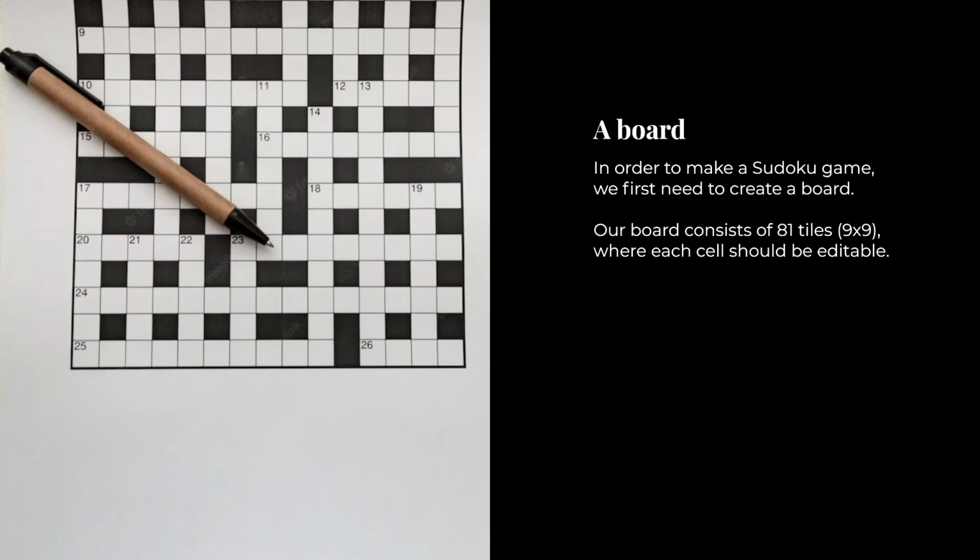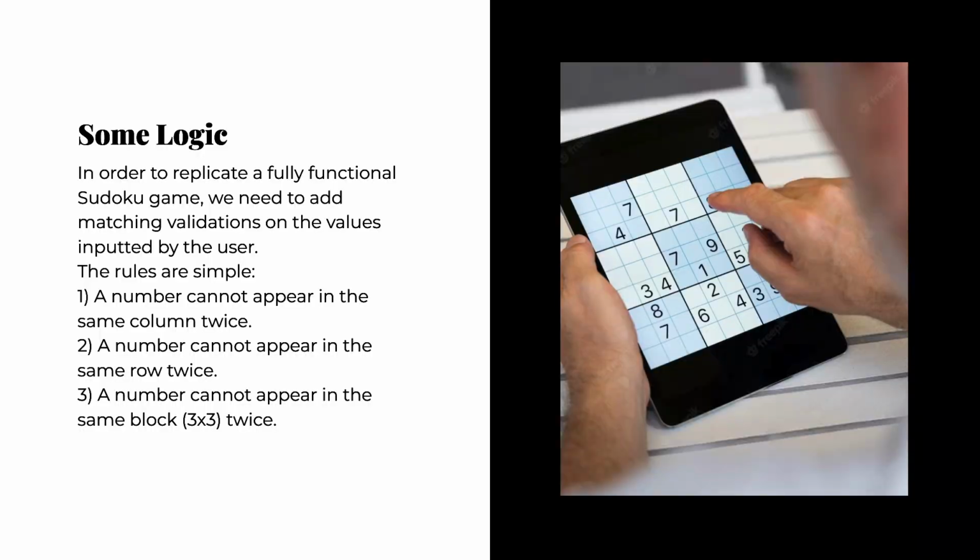So what do we actually need to build a Sudoku game? To be fair, this is pretty simple. First, we need the board, right? Somewhere where the user can actually input stuff. So the board will consist of 81 tiles, 9 rows, 9 columns, everything normal. Then we need to add some logic.